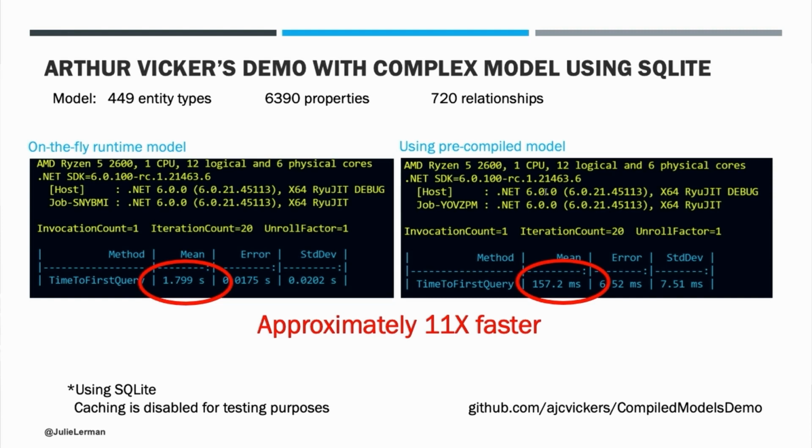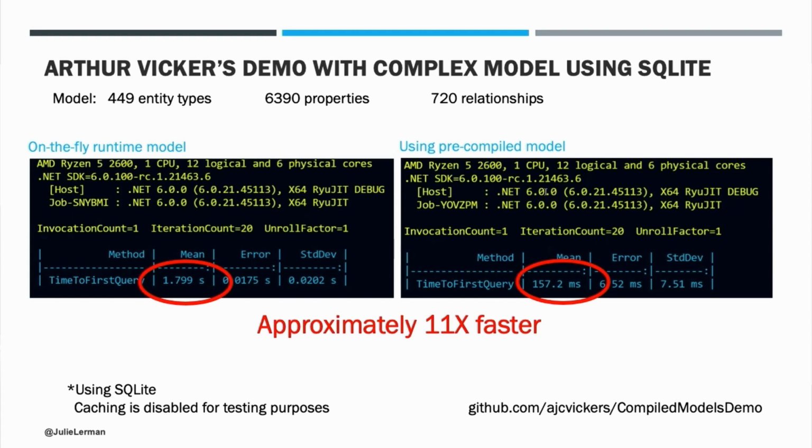So Arthur Vickers is like the senior engineer on the EF Core team. He's brilliant. They really all are amazing. So he has this demo where he has a huge model. There's like almost 450 entities, 6,400 properties, and 720 relationships.